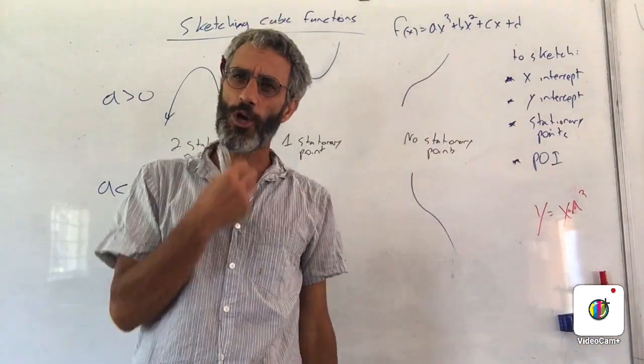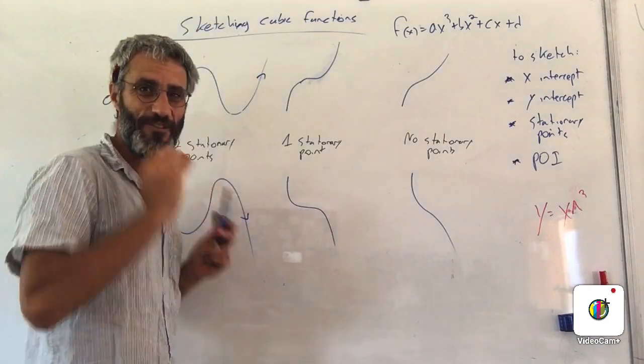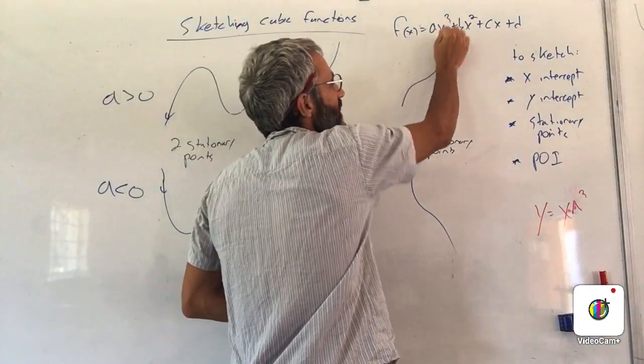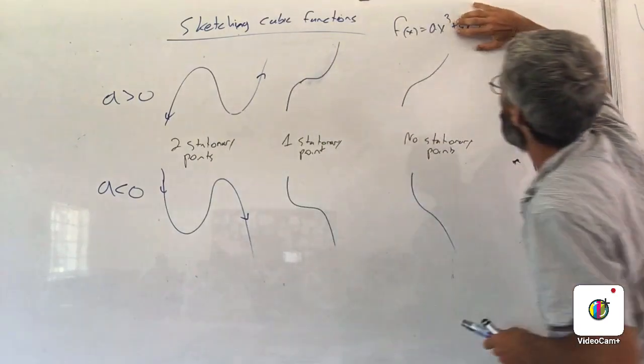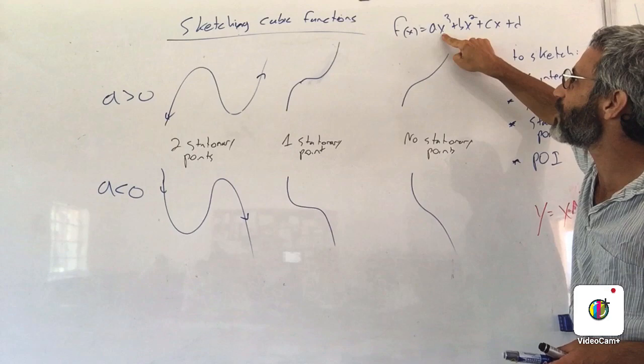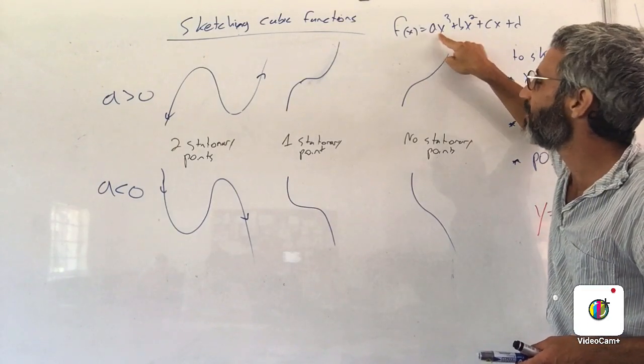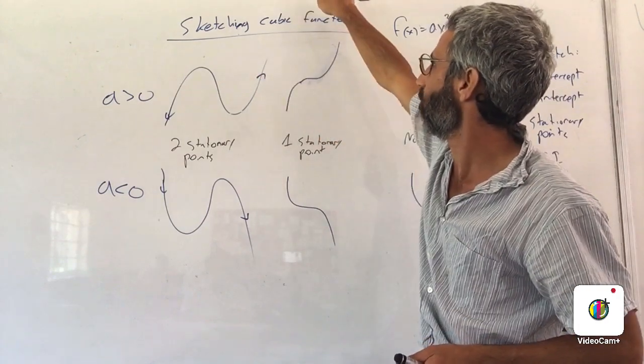So what I'm trying to say, and hopefully convince you a bit, is that when I'm looking at very large x, this is the dominant term. The rest we can almost neglect, this is so much bigger. So when x is positive 1,000,000, if a is positive, then this is going to be positive.